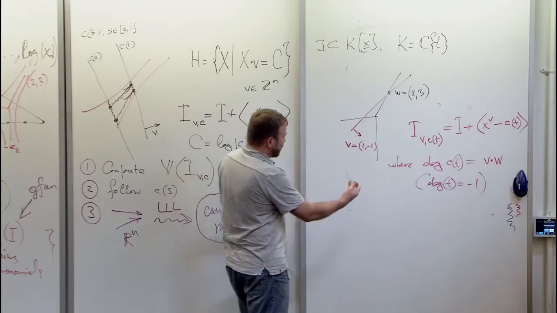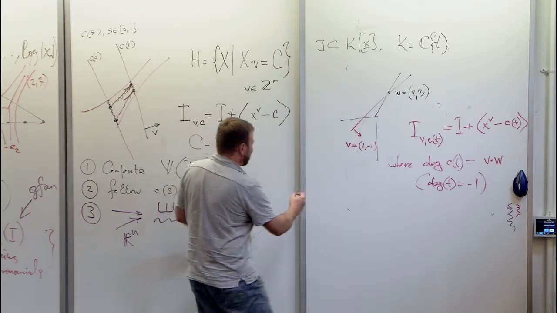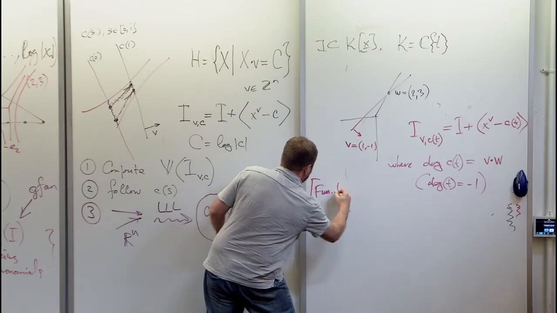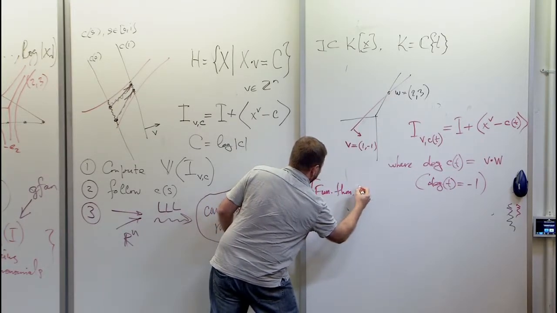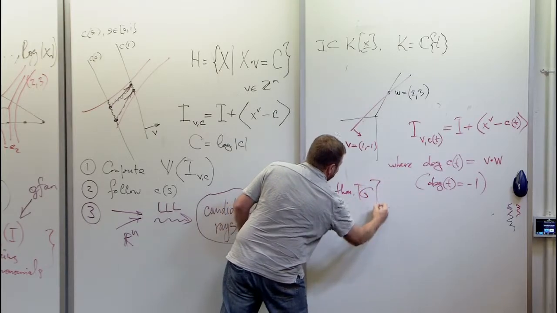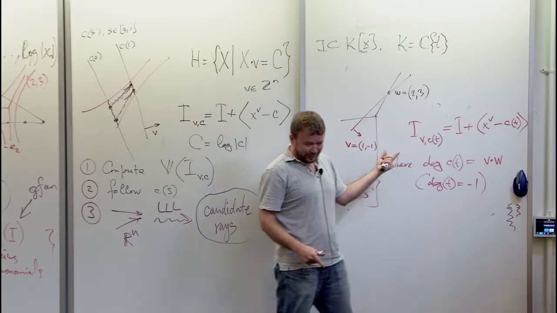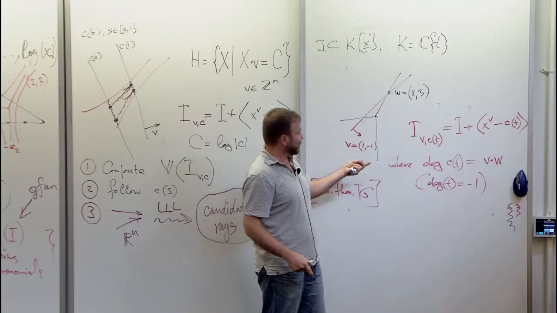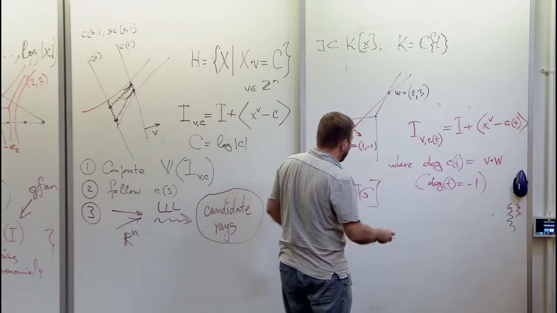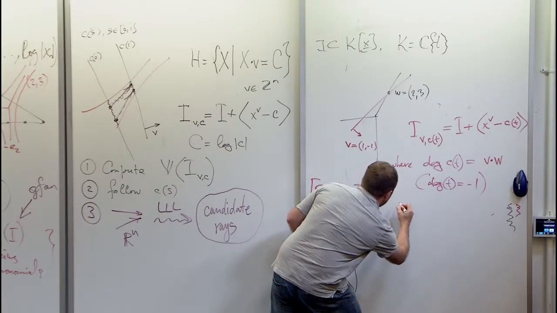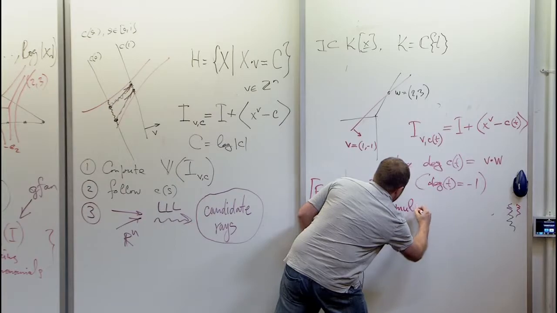If you pull it back, well, the fundamental theorem of tropical geometry tells you that a zero-dimensional ideal over the field K would have the following property.